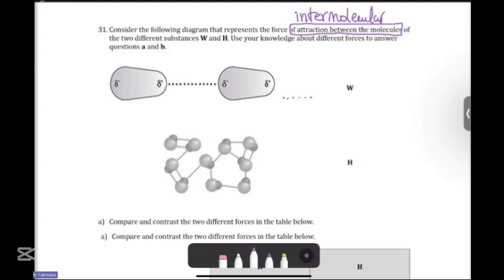I think these are the same molecule, and it's just one, so it's a bit confusing, this one. So I think that W, and I'm sure, is London dispersion forces, okay?